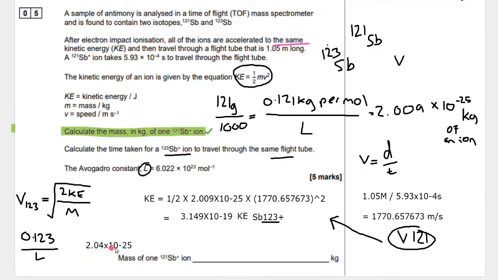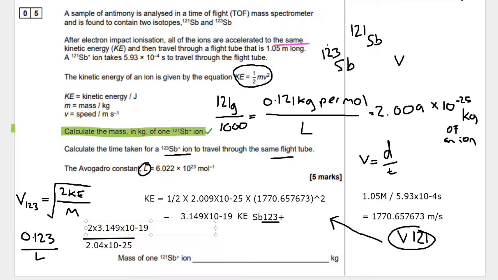This is 2.04 times 10 to the minus 25, just that little bit heavier. And we want to divide 2 times the kinetic energy by the mass. So we're going to do 2 times 3.149 times 10 to the minus 19.